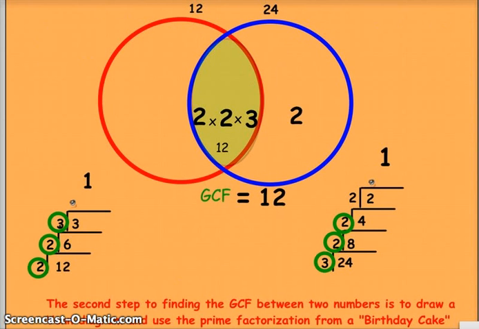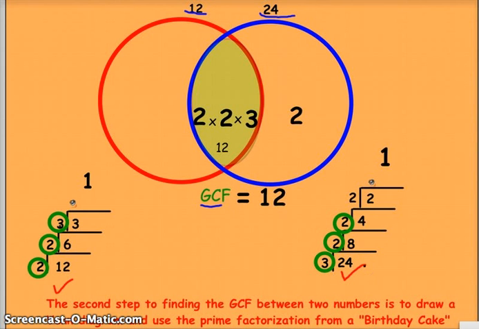All right, now we're going to take what we learned about the birthday cake factorization, combine it with two numbers, 12 and 24, and using a Venn diagram, find our GCF. As you remember from just doing, you have a birthday cake factorization for the 12, and on this side, we have one for the 24.